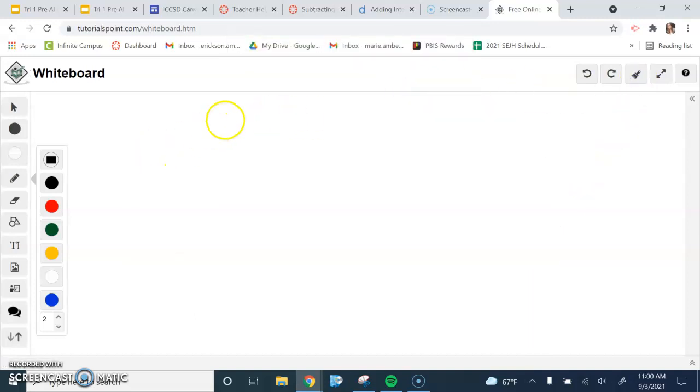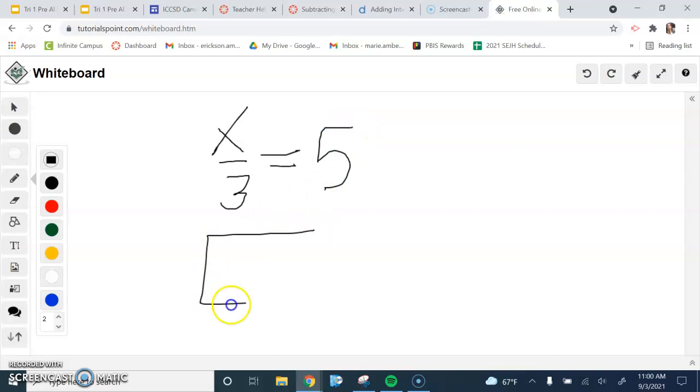And then the last one would be something divided by 3 equals, I keep using 3, sorry, but we'll go with 5, all right? We already know that we're going to have to make this whole thing our x value.